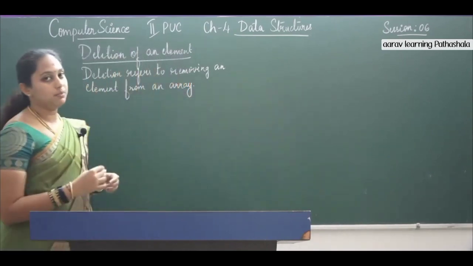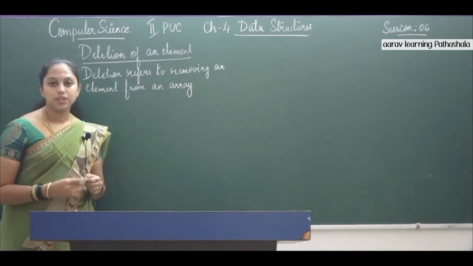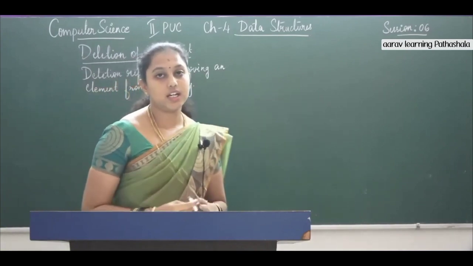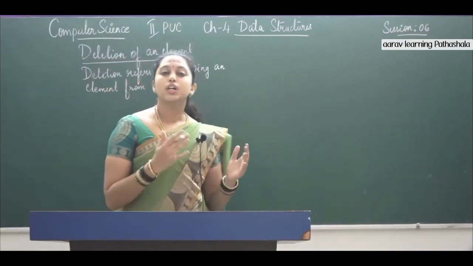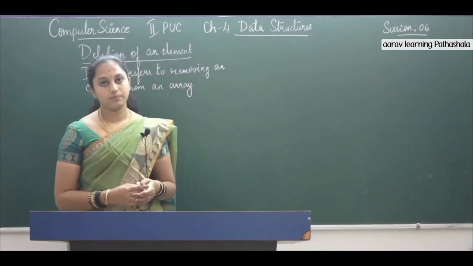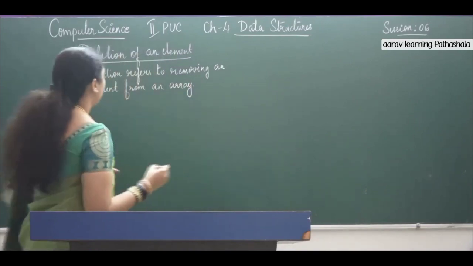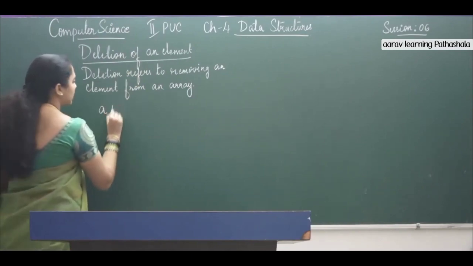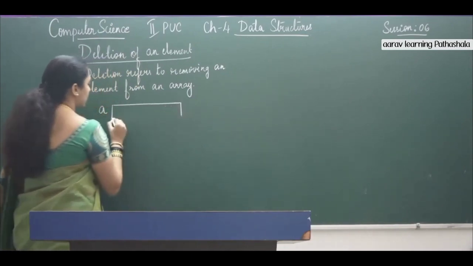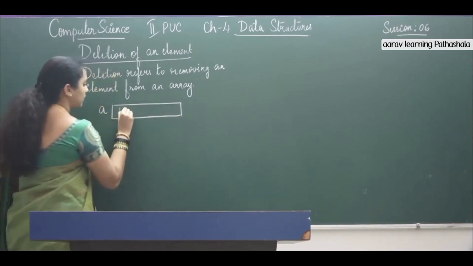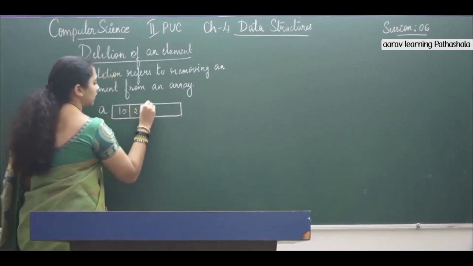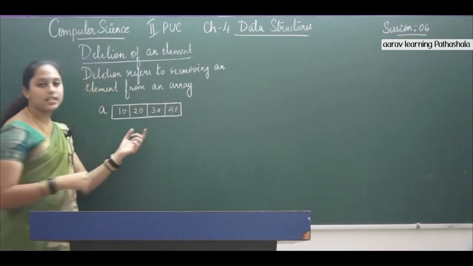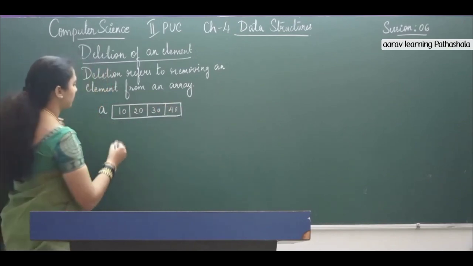When a particular element is deleted from an array, all the subsequent elements in an array have to shift to their lower positions. Consider an array called A, which contains elements 10, 20, 30 and 40 as its array elements.